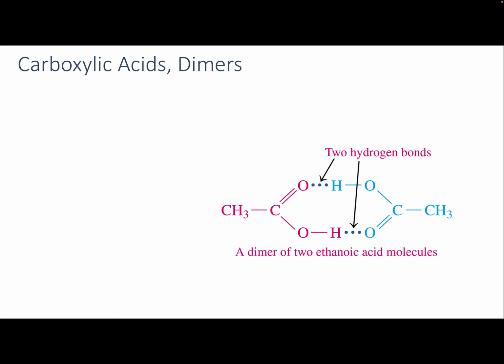So we can kind of eliminate the effect due to mass and just see the effect due to the groups. Now, one of the other things that leads to the high boiling points of carboxylic acids is that they can form something we call dimers. Now, these two hydrogen bonds between the dimers form between the carboxyl groups. The carbonyl group of one to the OH of the other, carbonyl group of the other to the OH of the other.